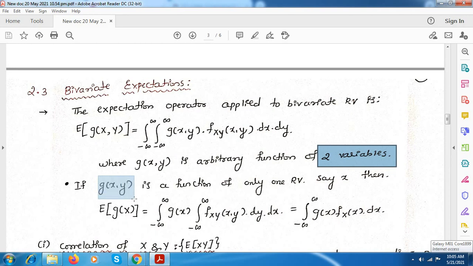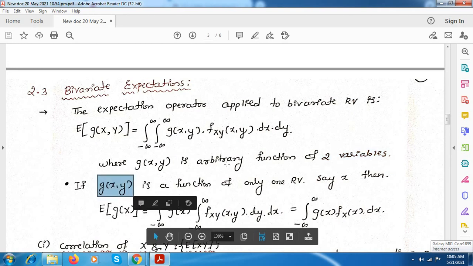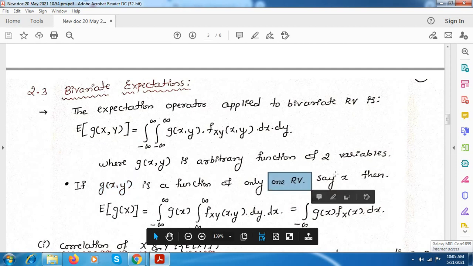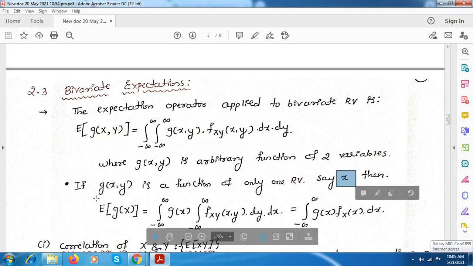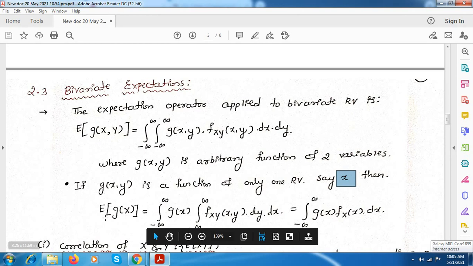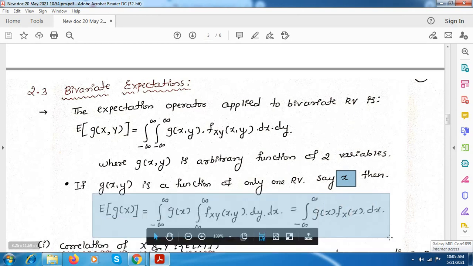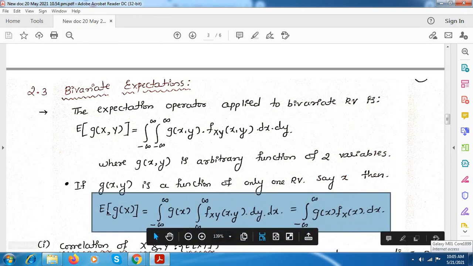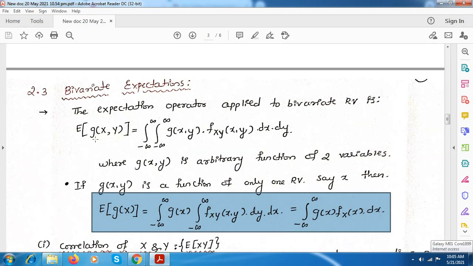In case this function varies only for one random variable, say for x, then this equation will be reduced to this form. That is, it is with respect to only the x random variable. This function is a function of only the x random variable.